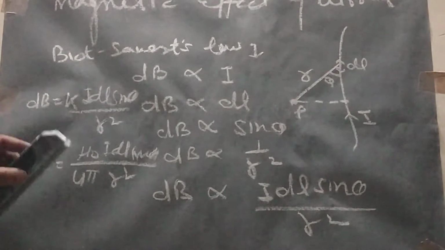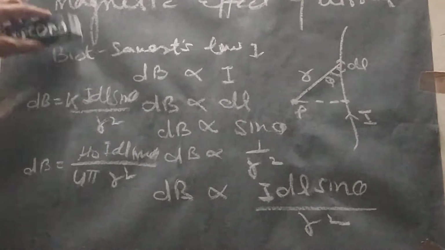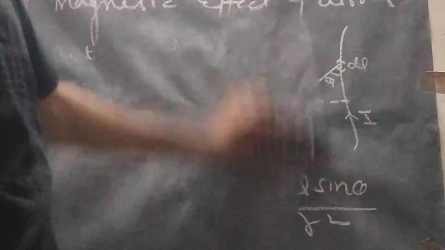This is one of the important laws of magnetism, with the help of which we can calculate the magnetic field produced by a current carrying conductor. This is a simple law given by the two scientists, Biot and Savart, used to find out the magnetic field produced by the current. The first application of this Biot-Savart law is the magnetic field at the center of a circular coil.